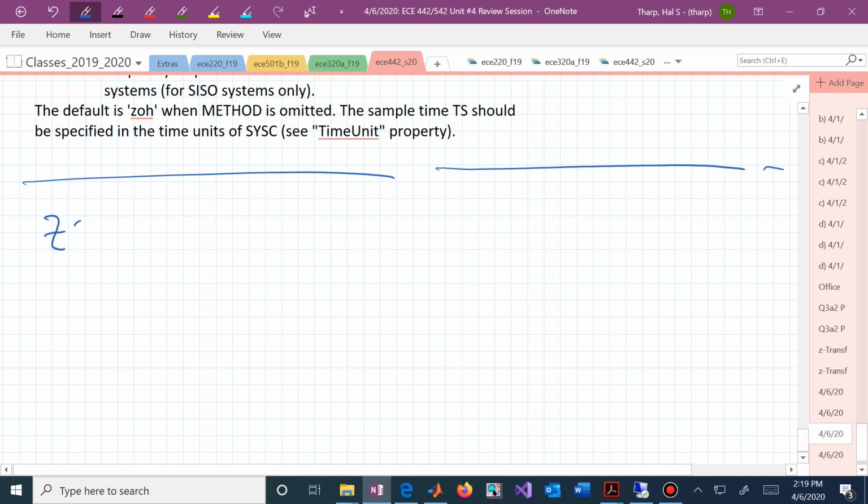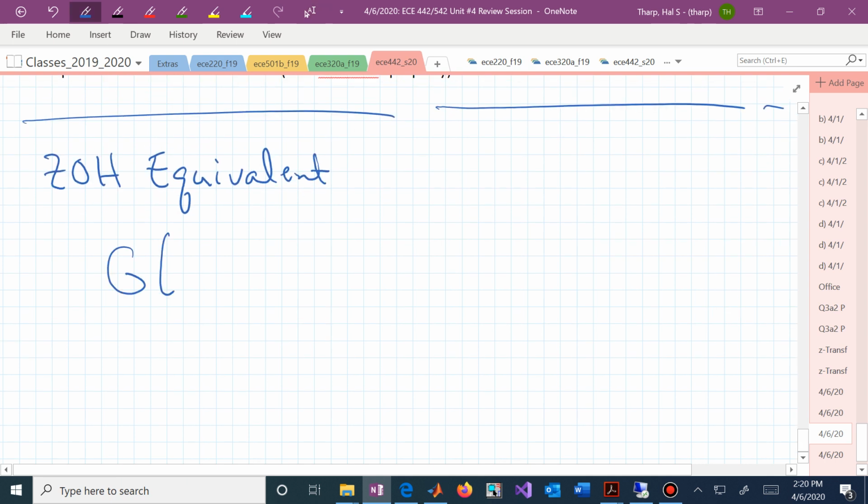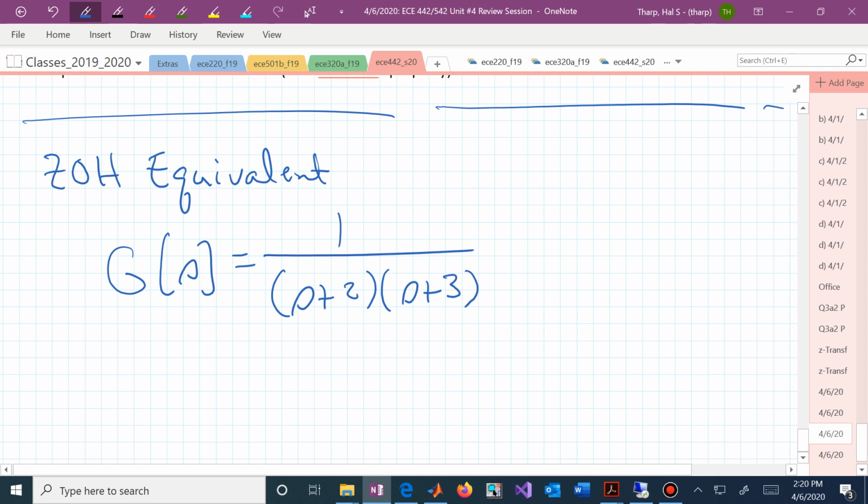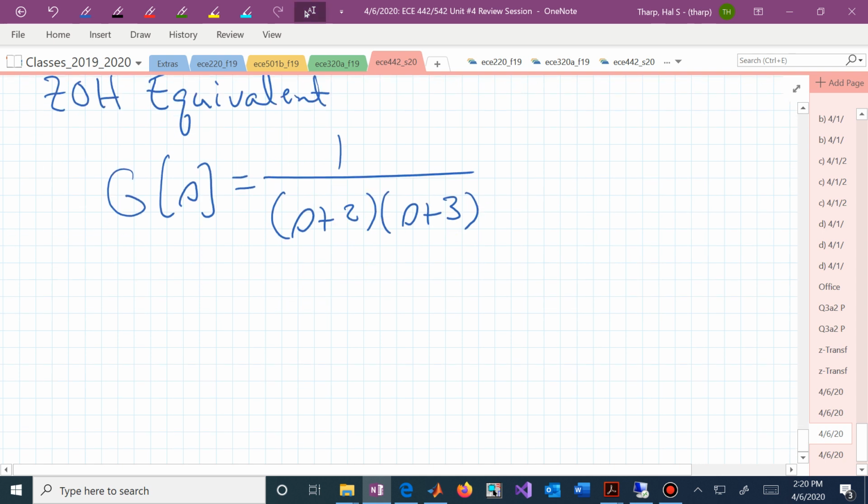Suppose now somebody said, I want the zero order hold equivalent of the following system. G of S is now 1 over (S plus 2)(S plus 3). And now you might need to find the sample period, capital T, and you could do that by looking, if you weren't trying to speed this system up, at the fastest pole, which in this case corresponds to this pole at S equal to minus 3.